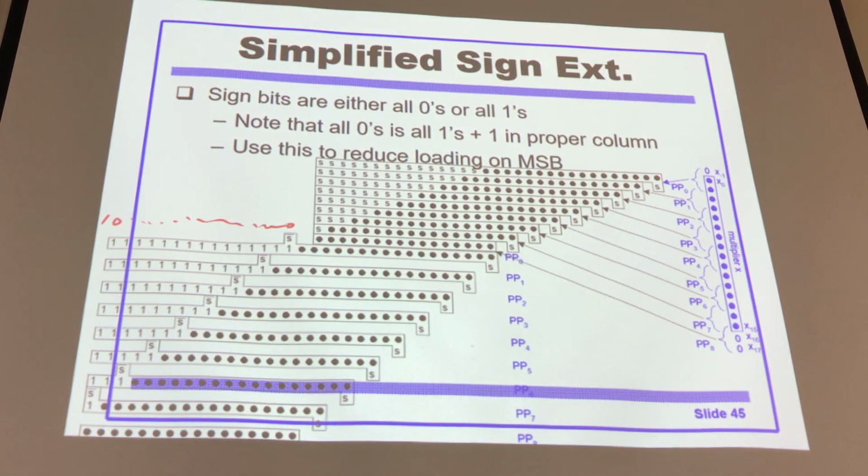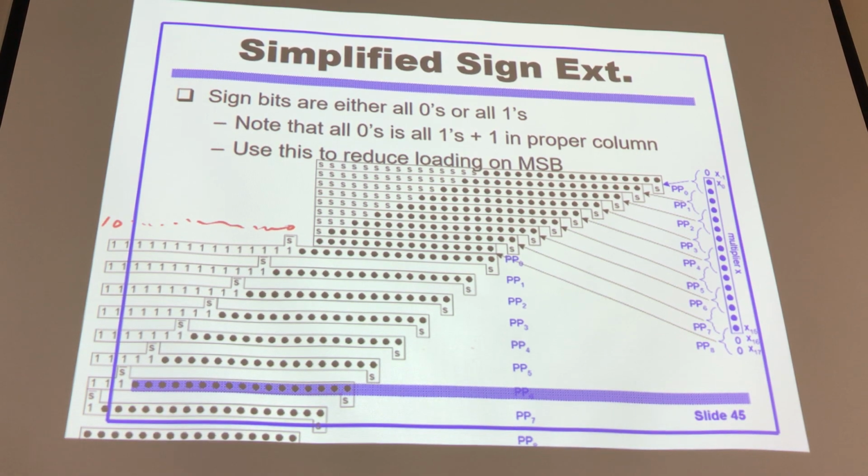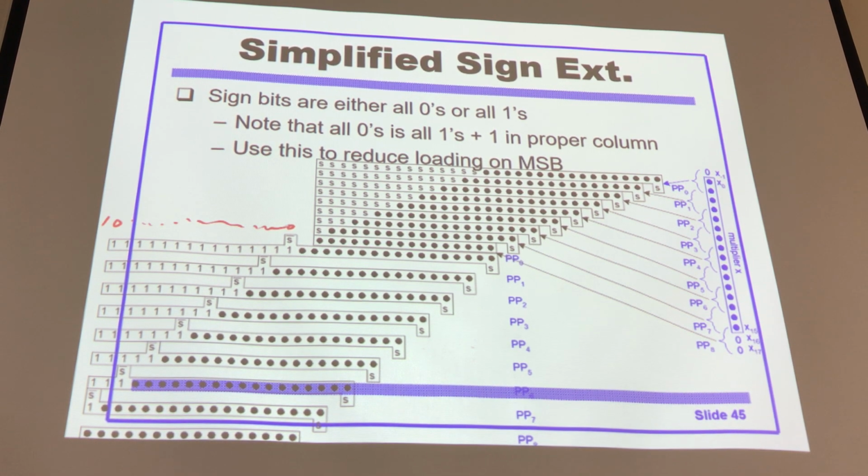But you might say, wait, these are all 1s now, 1, 1, 1, 1, all the way to the left. This is still high fan out now. However, remember that we said VDD is a very, very strong signal. VDD and ground, they are very strong. So it doesn't matter.